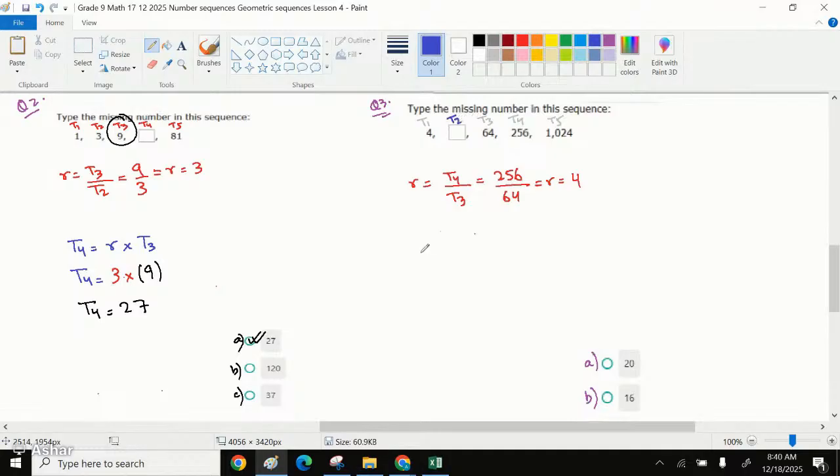We need to find term number 2. That means it is ratio multiplied by the previous term. The ratio was 4 multiplied with the previous term, and the previous term was 4 as well. That means term 2 comes out to be 4 times 4 is 16. That means option D is the correct answer.